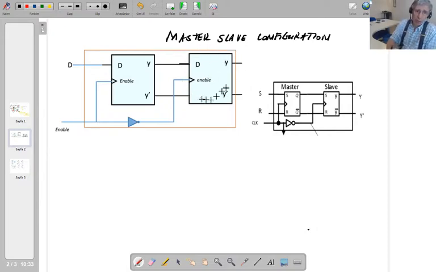You have one memory element, the one that we have already seen, which has 4 NAND gates in it, including the feedbacks, and another D memory element. The first memory element is the master one, and the other is the slave one.